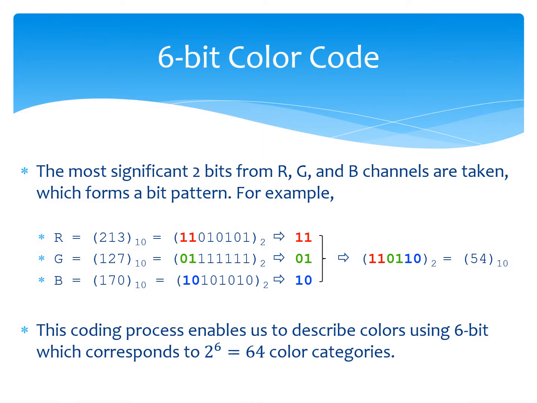In this slide, we are going to show you how to construct a 6-bit color code. As we previously described, the most significant bits from the R, G, and B channels can divide each color into 4 groups.